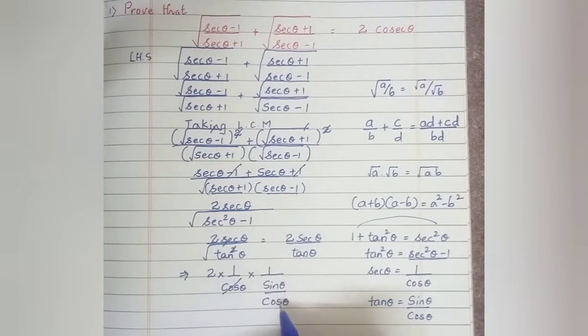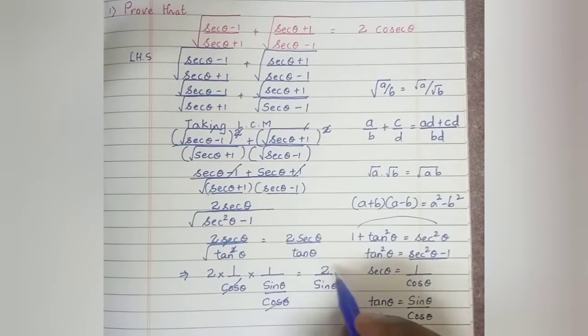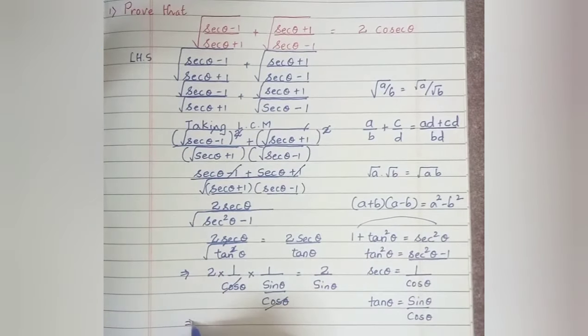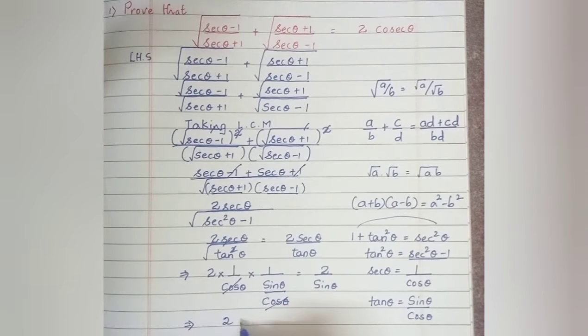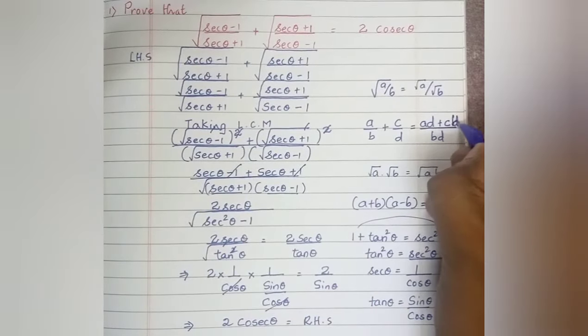Now cos theta will cancel out. Now the remaining terms are 2 divided by sin theta. The reciprocal of sin theta is cosecant theta. 1 by sin theta is cosecant theta, that is 2 cosecant theta, which is equal to RHS, hence proved.